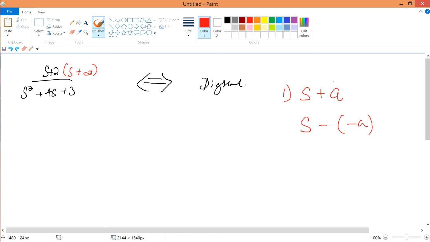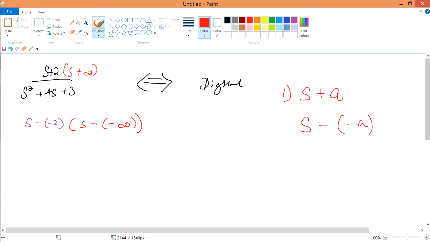This A can be any A. So for example, if it's S plus 2, I'll just write it as S minus 2. If it's S plus infinity, I'll just write it as S minus infinity.